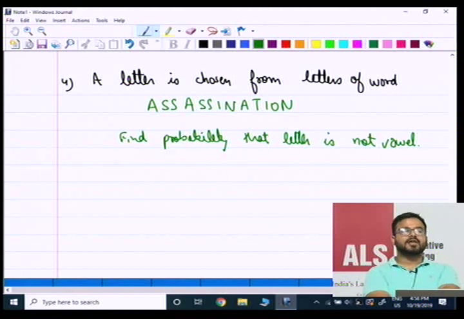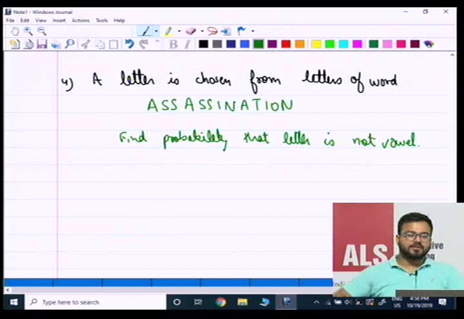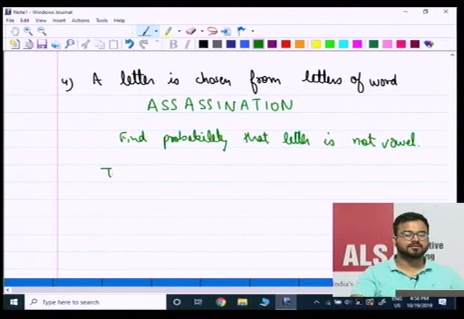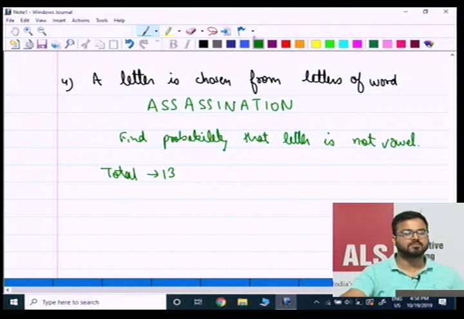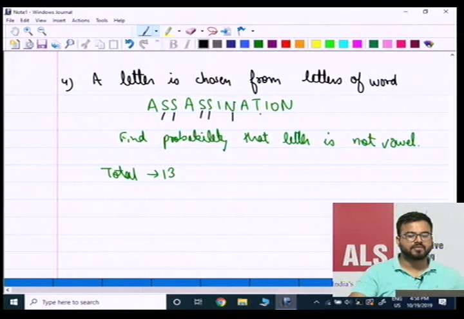See, if you count the total number of letters, 13 letters are there. Now, two possibilities for a letter: either it is a vowel or it's a consonant. If it is not a vowel, it means we are talking about the consonant. So how many consonants are there? 1, 2, 3, 4, 5, 6 and 7.